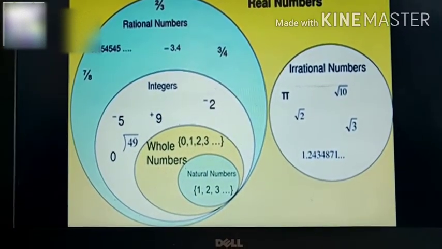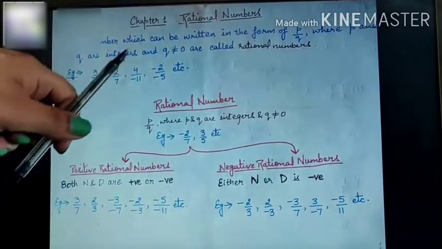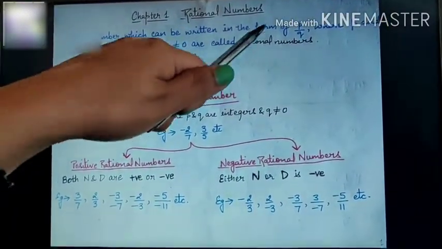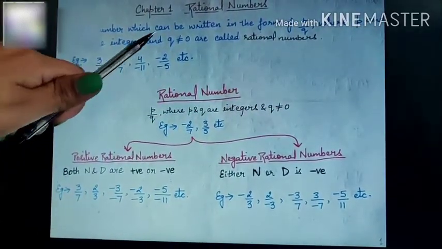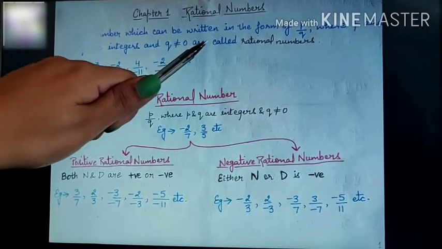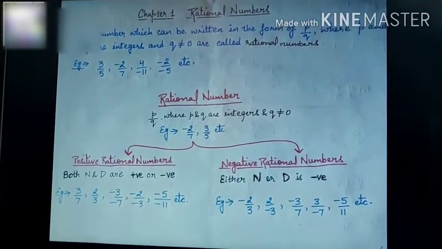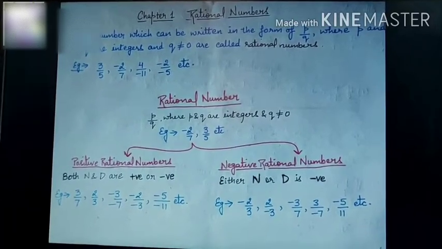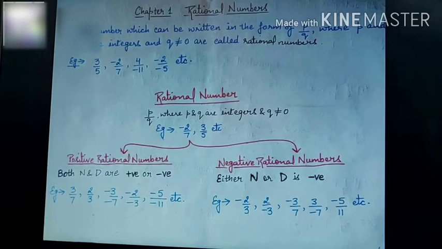Now we are going to study about rational numbers. The numbers which can be written in the form of p upon q, where p and q are integers and q is not equal to 0, are called rational numbers. As I told you, it is in the form of numerator upon denominator. Both numerator and denominator are integers and the denominator is never equal to 0.